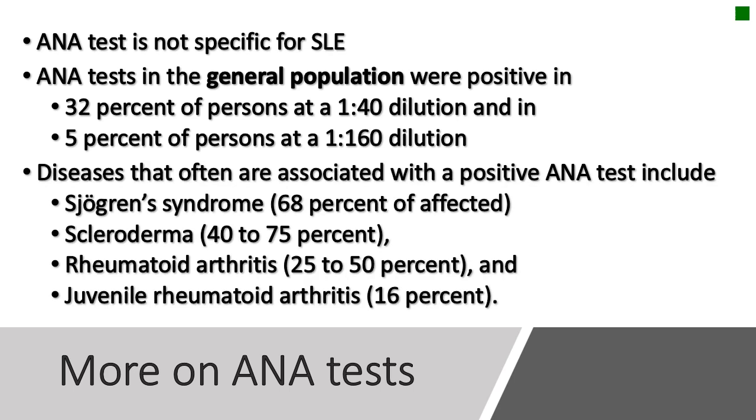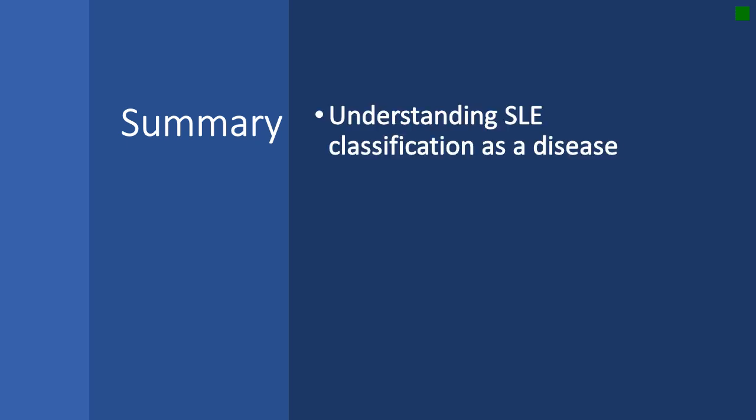Also, there are many other diseases like Sjogren's syndrome, where 68% of the affected people will test positive, scleroderma, rheumatoid arthritis, and juvenile rheumatoid arthritis. So it is not just a test for this disease, it's just testing one element which could be associated with many other diseases. That is why the concomitants or the comorbidities are so important when you are handling a case such as this. So I will just summarize the points that we have gone through.